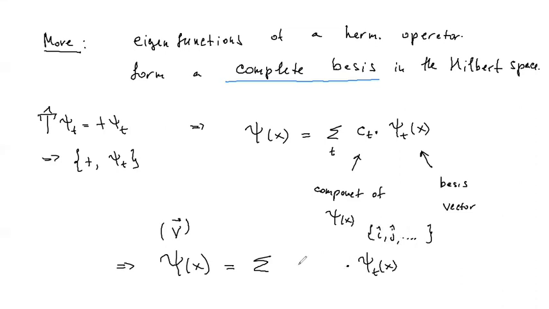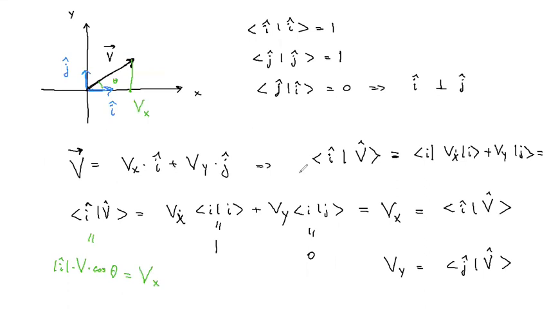And I will have a component, some coefficient. The meaning of this coefficient would be the component, Vx or Vy and so on. And you have a summation over all possible eigenvalues and some coefficients here. So I present my vector as a sum over these basis vectors with some coefficients. This is the same.